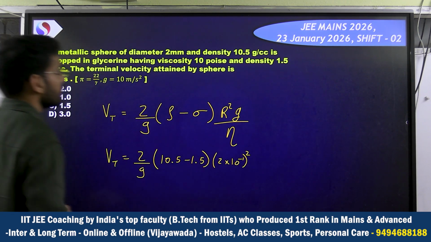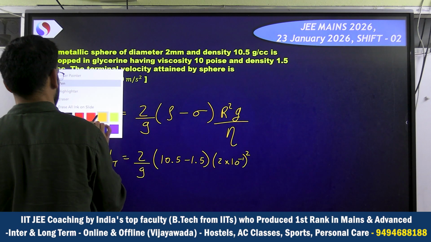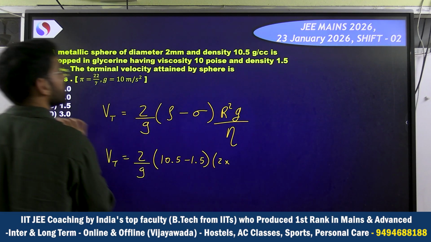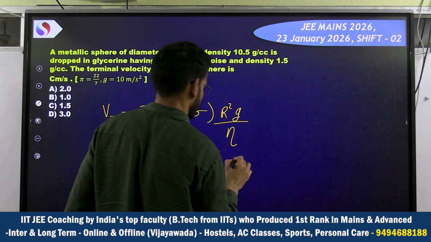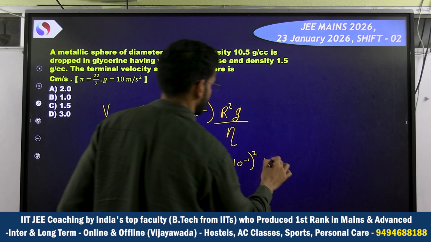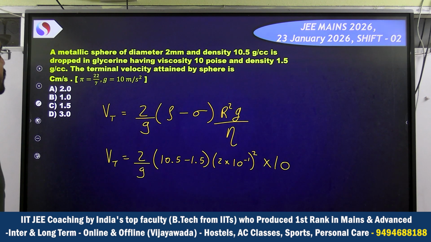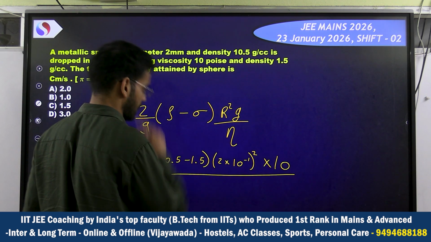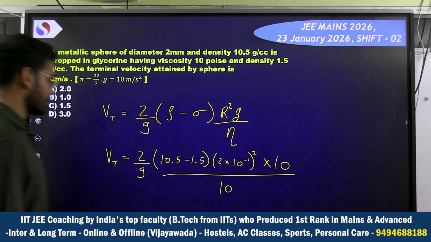So this is 2 into 10 to the power minus 1, whole square. Sorry, not minus 1, plus 1... minus 1 only. Why am I getting confused? Square, into g, that is 10. Got the point? Divided by eta. Eta is how much? 10. Got the point? From here we can solve.